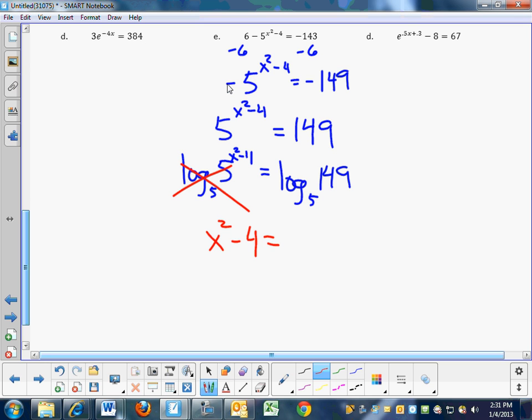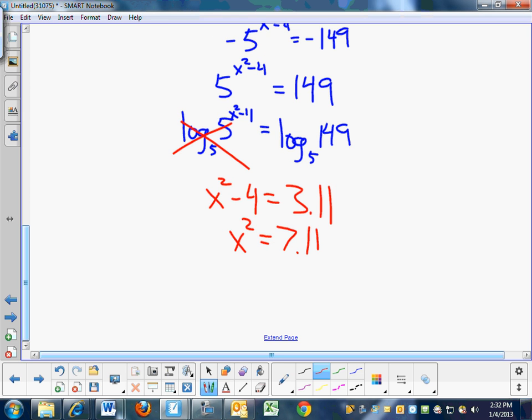So I go log of 149 divided by log of 5. 3.11. X squared is equal to 7.11. What to do, what to do? Square root both sides. X is equal to plus or minus 2.67. So you have 2 answers.